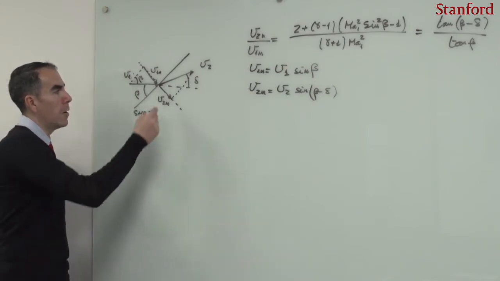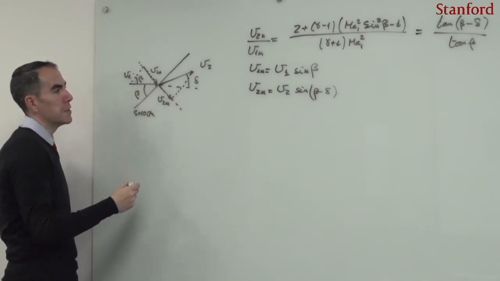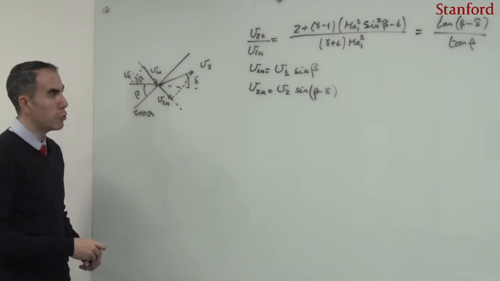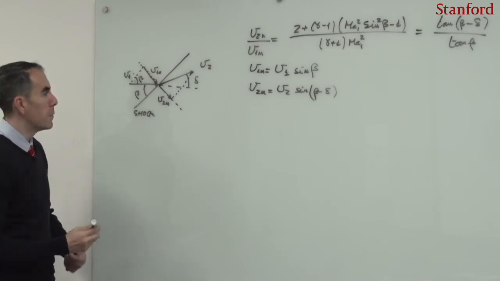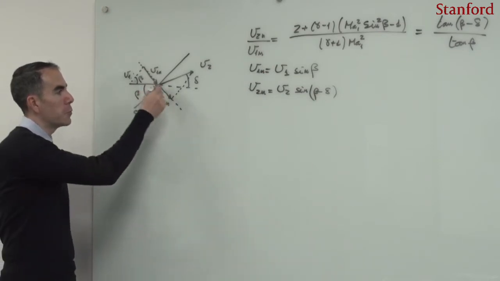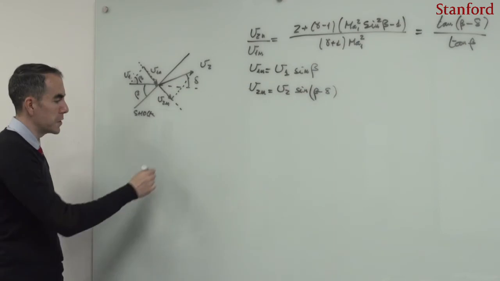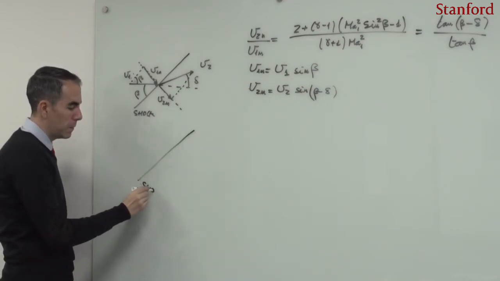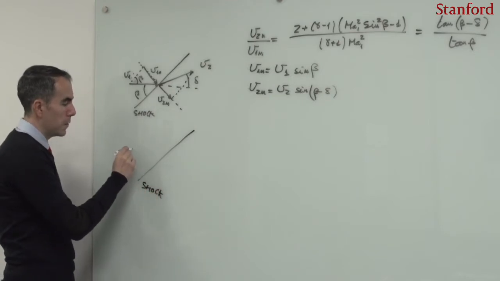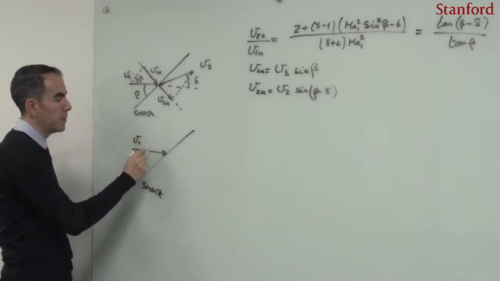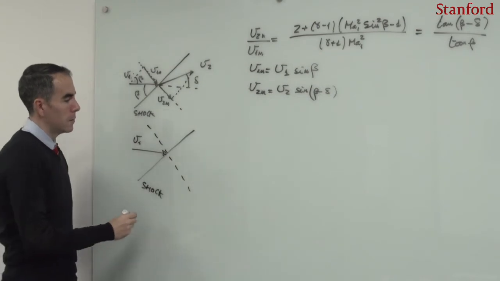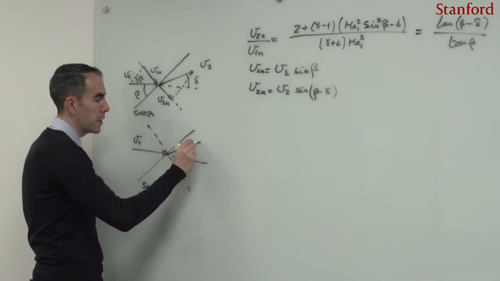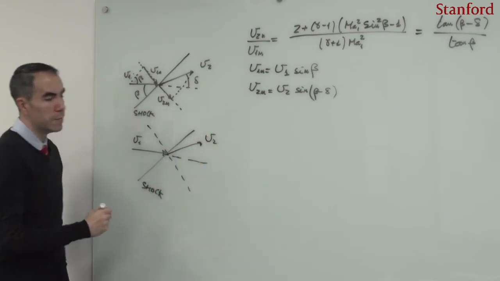But here now we're going to do something different, and instead of looking at the normal component or the tangential component, we're going to look at the velocity perturbations downstream of the shock. So if one has this shock wave, and this is the pre-shock velocity, then we're going to have a deflection of the streamlines, and the post-shock velocity is going to be U2.